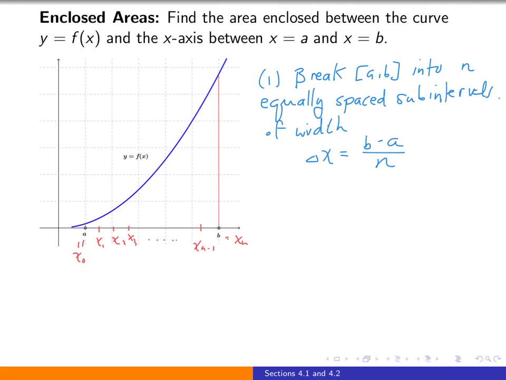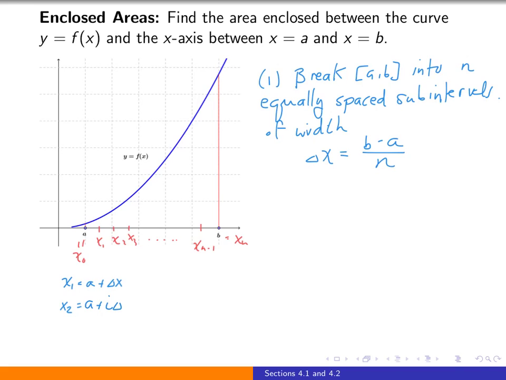And just from a formula perspective, I want to make an observation. If I want to know a way to think about x sub 1, I can think of x sub 1 as starting at A and going the length of one subinterval, so delta x. I can think of x sub 2 as starting at A, and we have to move two subintervals.